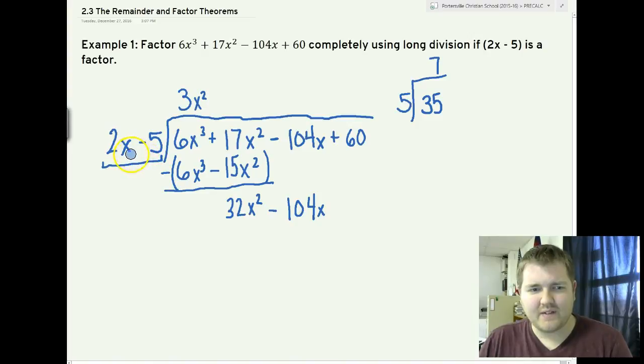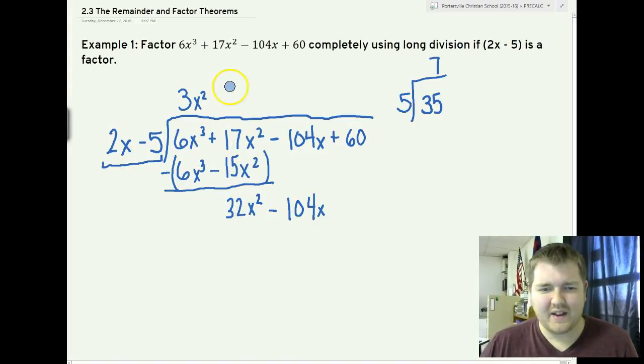I'm going to do the same process. I'm going to see how many times 2x goes into 32x squared. And it appears that you would need to multiply 2x by 16x to get 32x squared. So if I put 16x up here, 16x times 2x gives me 32x squared. 16x times negative 5 gives me minus 40x.